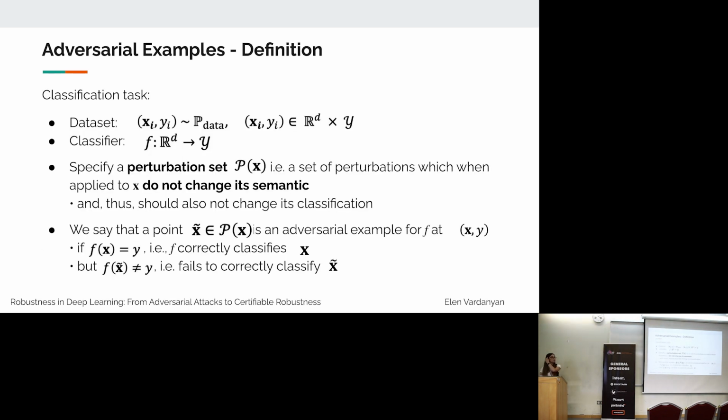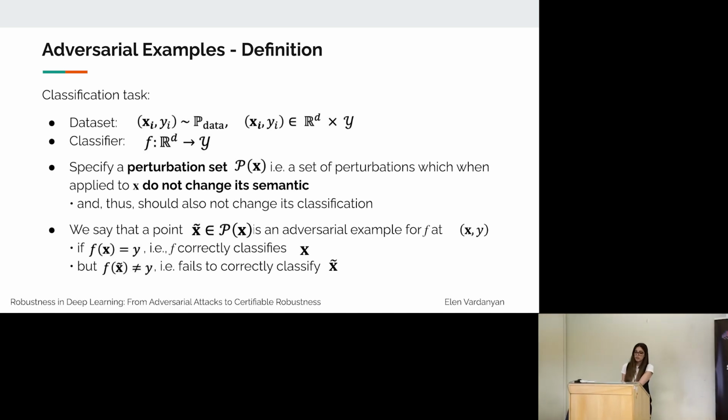Okay, to give a more formal definition of adversarial examples, say we have a classification task and a data set consisting of x_i and y_i points from our data distribution, where the x_i are d-dimensional vectors and the y_i are the labels. We also have the classifier f, which takes the inputs and gives the outputs.